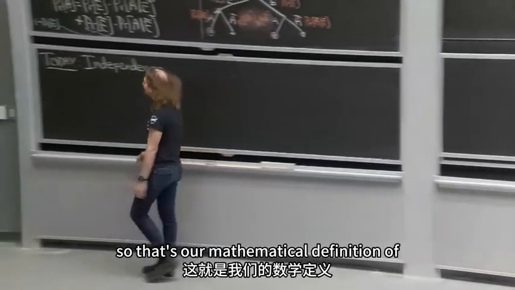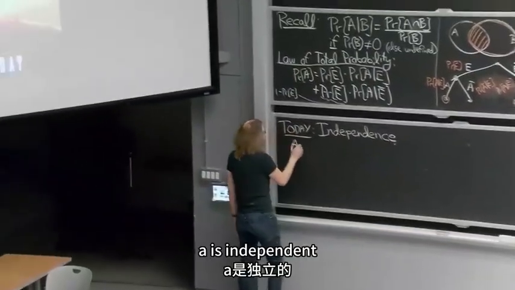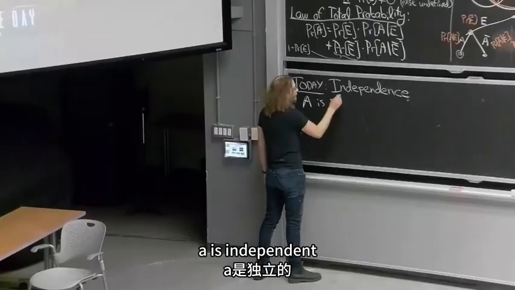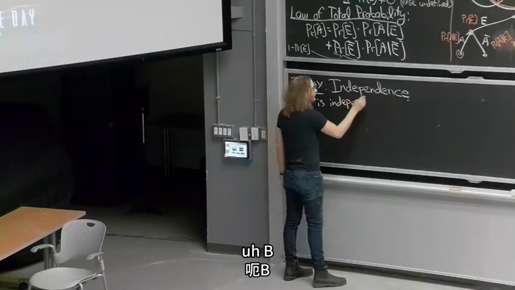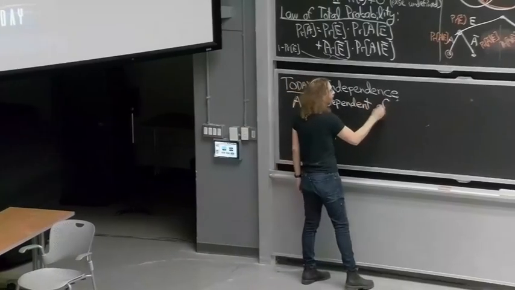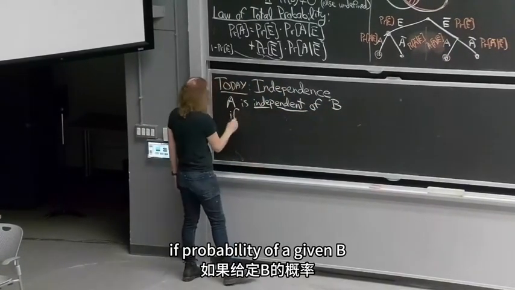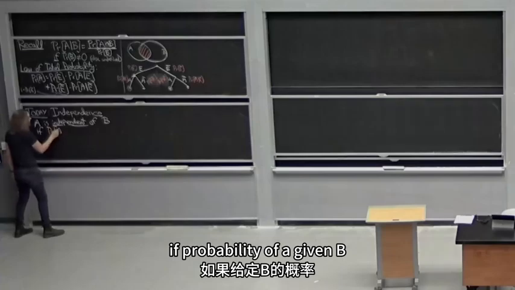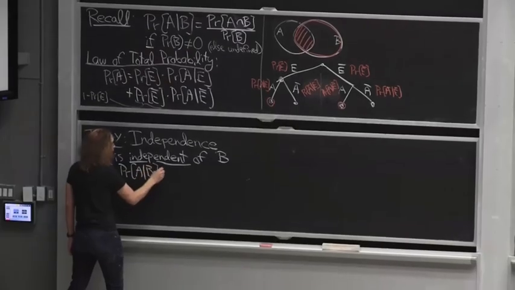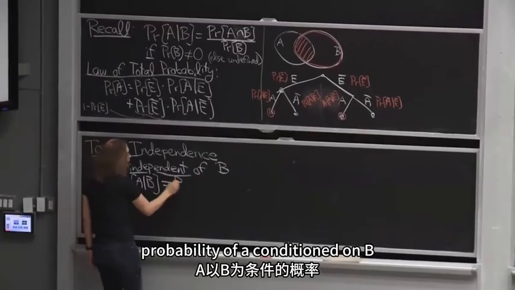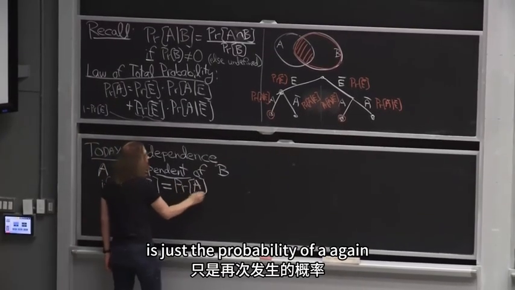So that's our mathematical definition: A is independent of B if the probability of A conditioned on B is just the probability of A again.